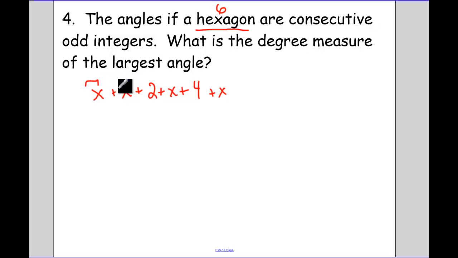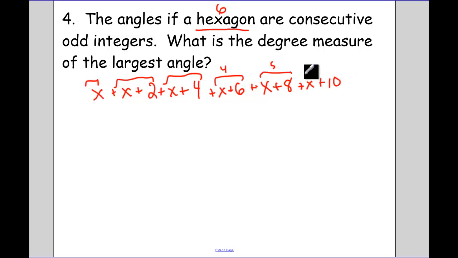This is 1, 2, 3, 4, 5, and now our last one, 6.